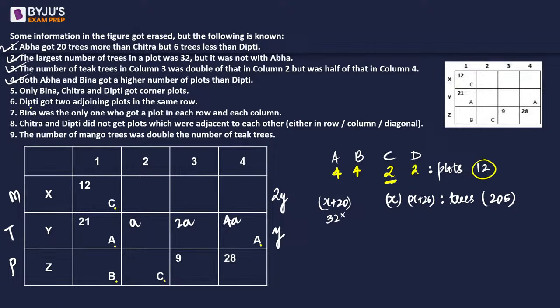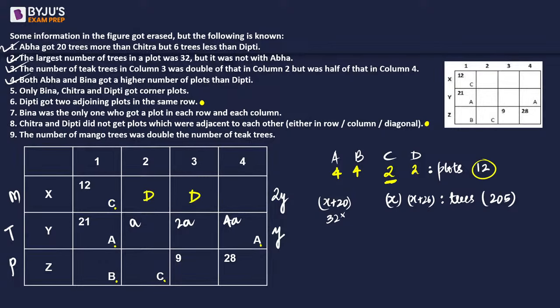So Dipti got 2 adjoining plots in the same row. Okay? And Chitra and Dipti did not get plots which were neighbor or adjacent, in row, column or diagonal. Okay? So having known that, we have D's adjoining plots, right? So can we have D and D here?